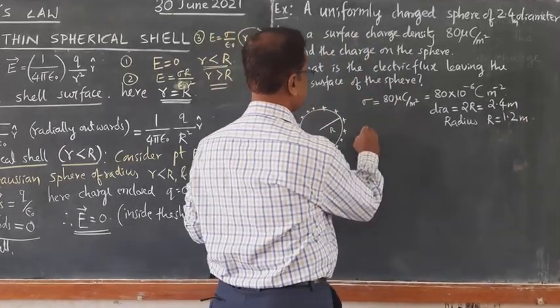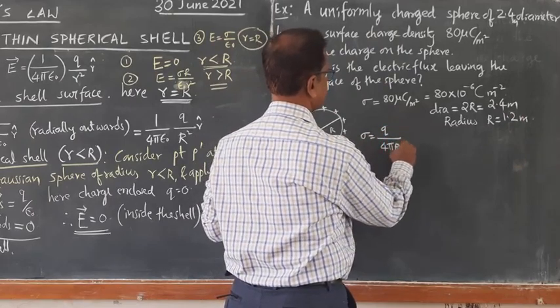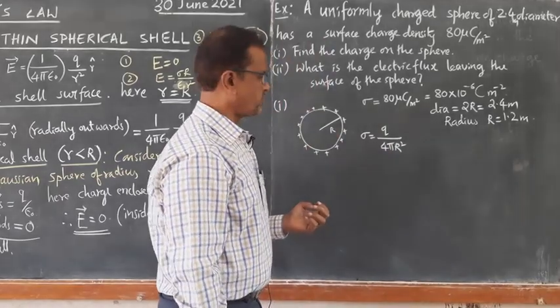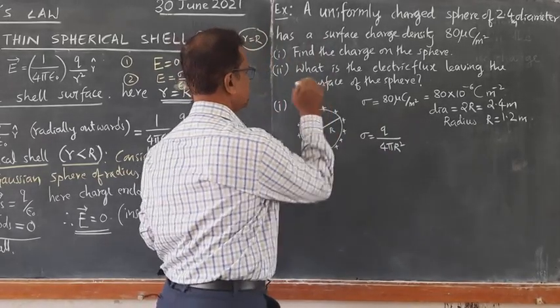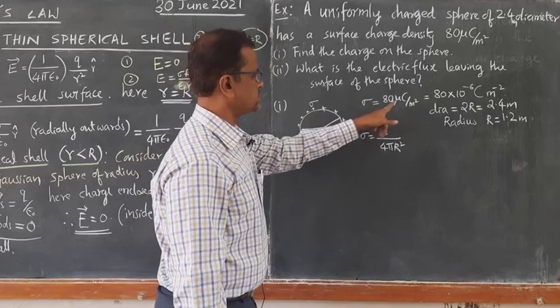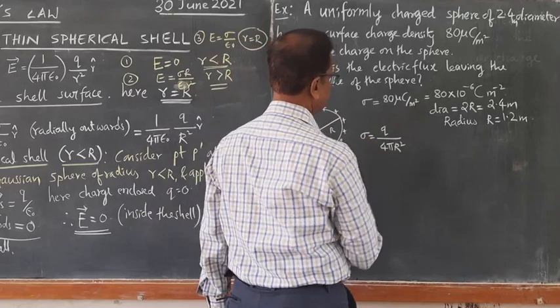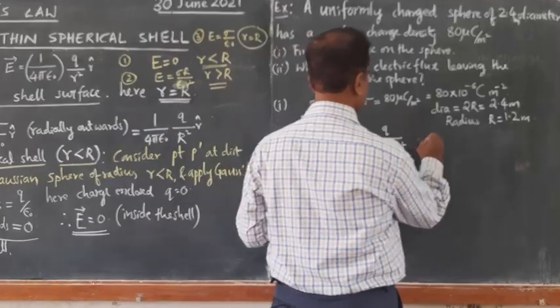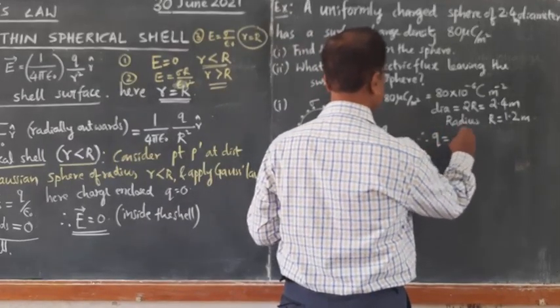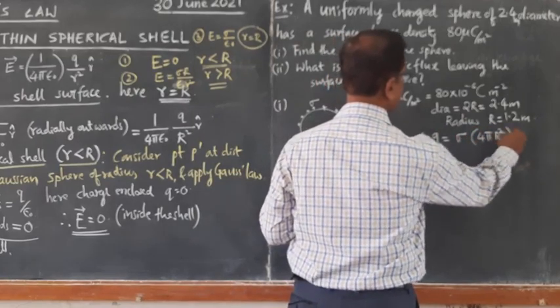So, radius we got. We know that charge density is equal to charge divided by surface area. Surface area of the sphere is 4 pi r square. It is uniformly charged with the surface charge density 80 microcoulomb per meter square. So, that gives us charge. Therefore, charge Q is equal to sigma into 4 pi r square.